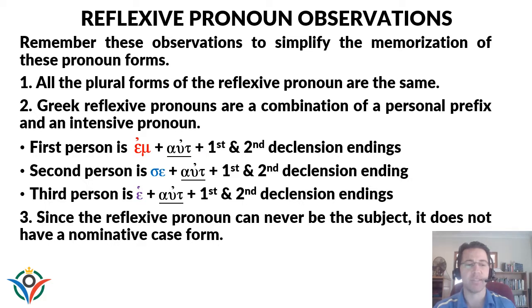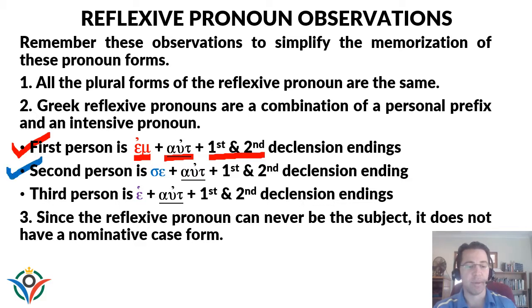The second observation is that the Greek reflexive pronouns are a combination of a personal prefix and an intensive pronoun. So let's take a look at those combinations together. The first person is M, all right, that's the personal prefix, plus the intensive pronoun out, and then either the first or second declension endings.